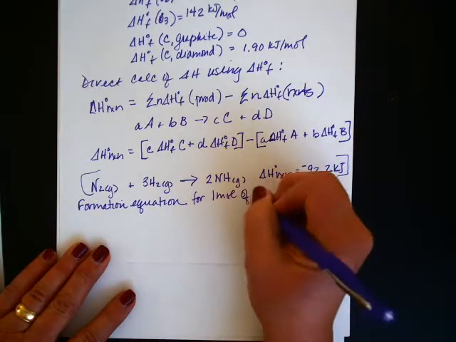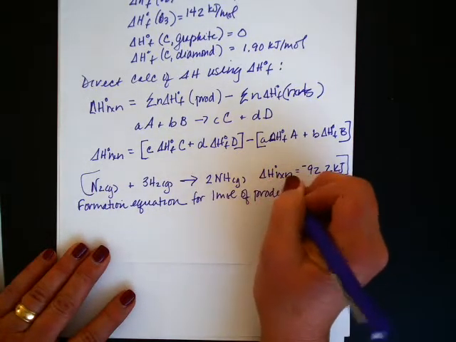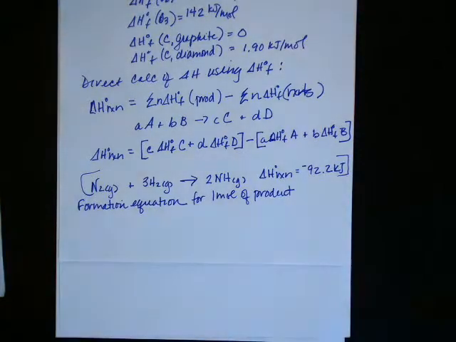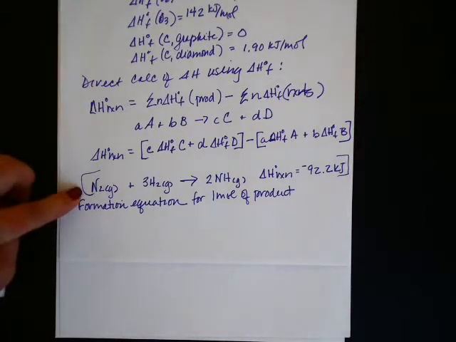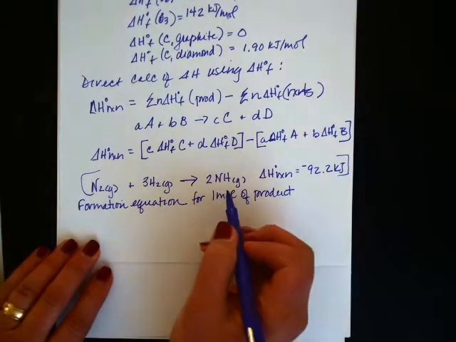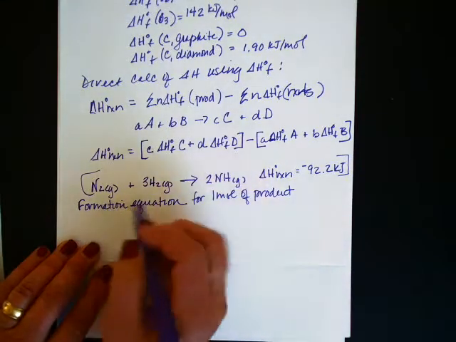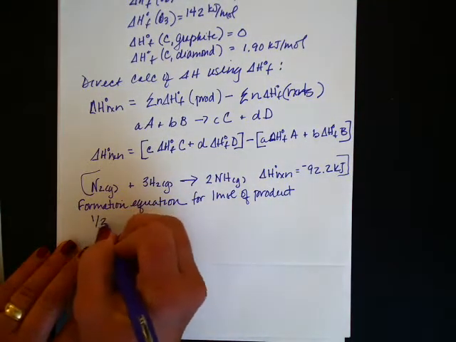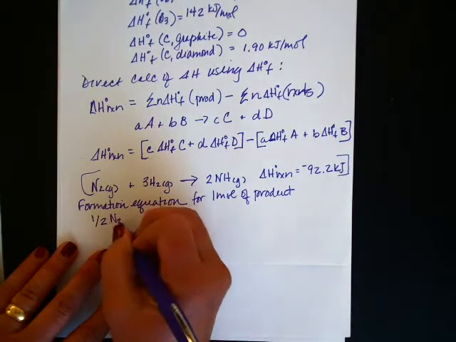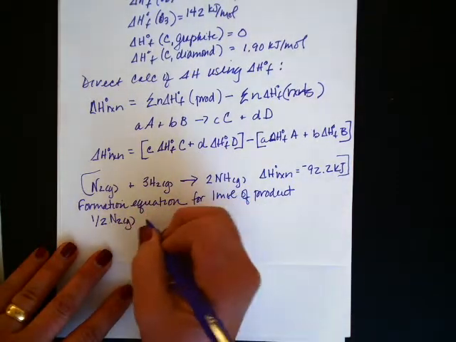So this is going to be an exception with respect to the rule that we don't have fractions as coefficients. Because to write the formation equation for this reaction, we have to divide every coefficient by 2. So the formation equation for 1 mole of ammonia is 1/2 N2 plus 3/2 H2.